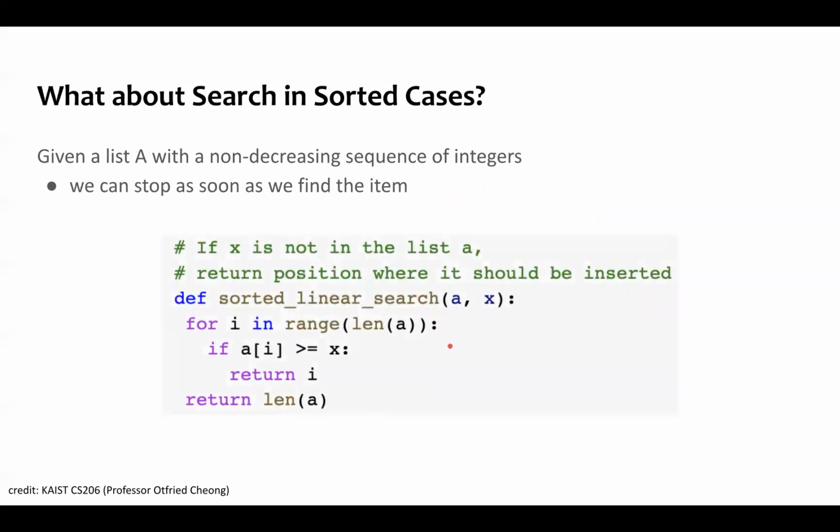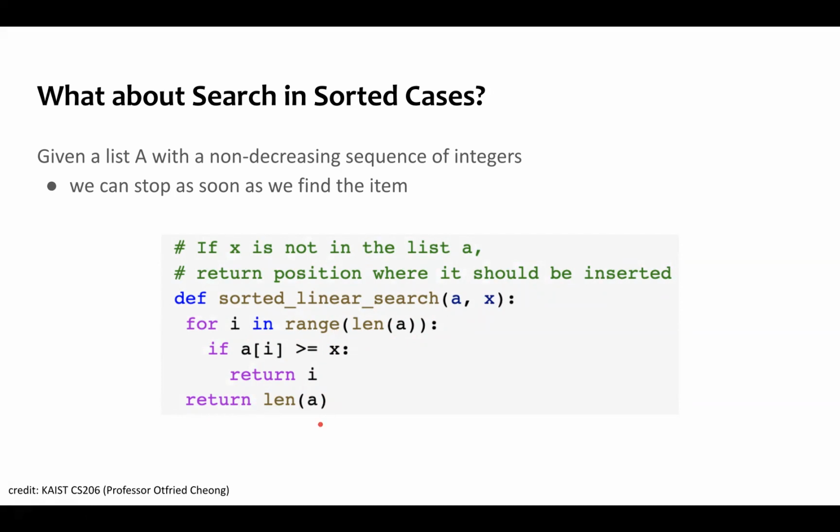So if the items inside this list A are sorted, then we just look for the items as before. But if we find the position of an item that is larger than X, then we just return the index. Otherwise, we return len(A).